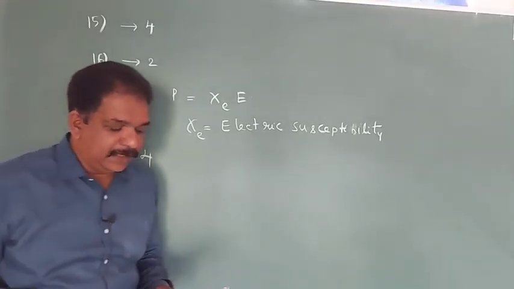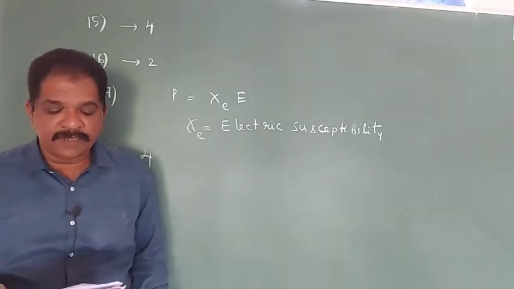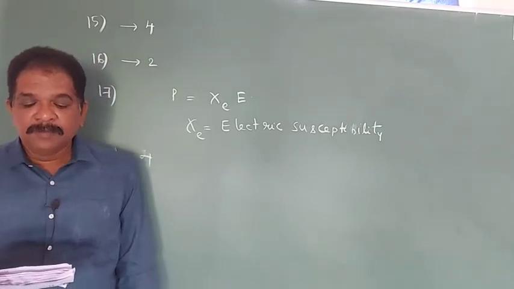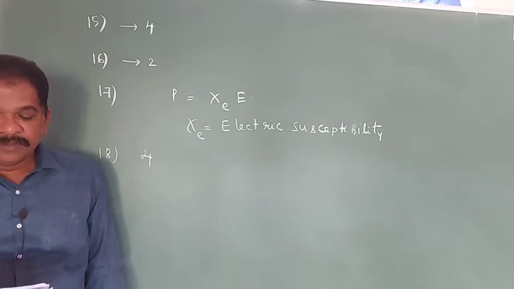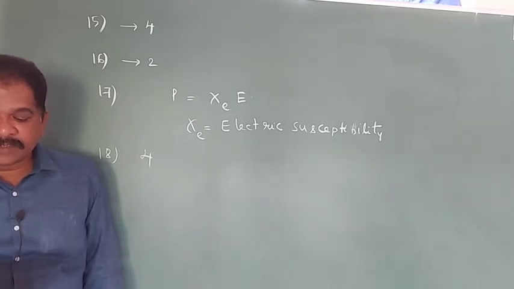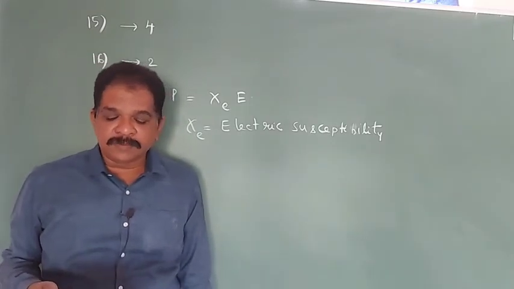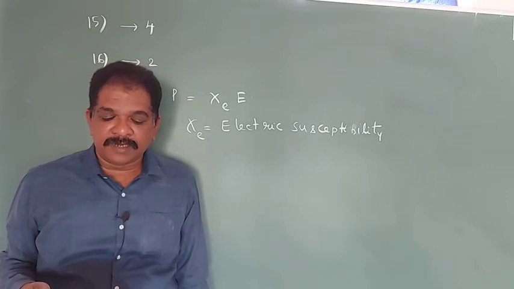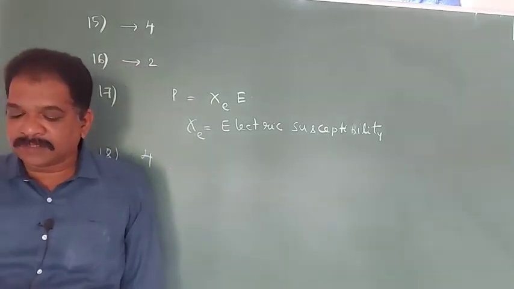Next, 19. Two insulated conductors are charged by transferring electrons from one conductor to another. A potential difference of 100 volt was produced on transferring 6.25 into 10 power 15 electrons from one conductor to another. Find the capacitance of the system.